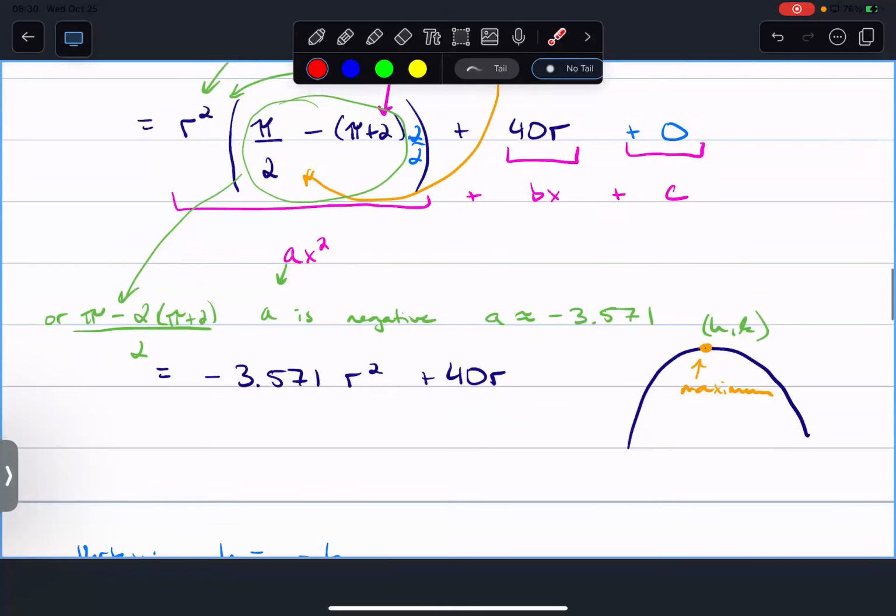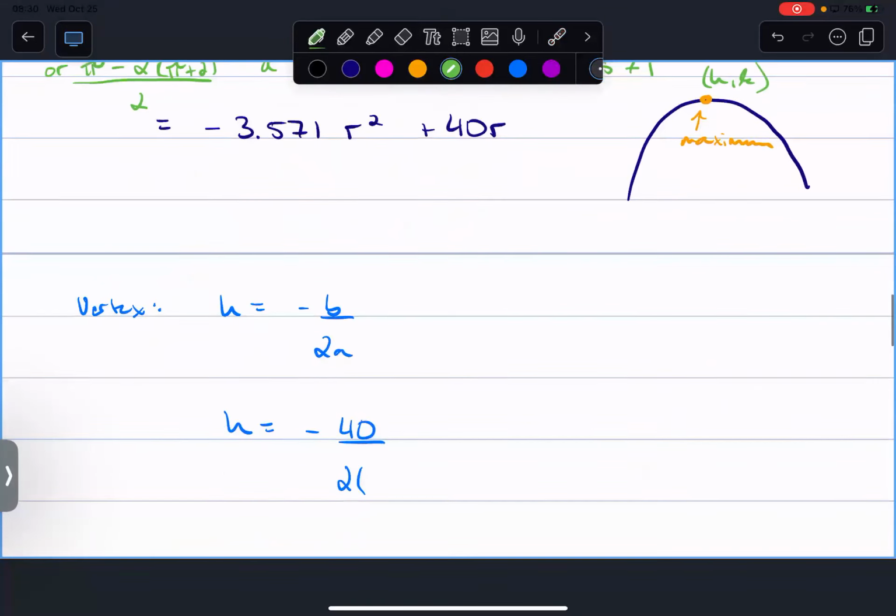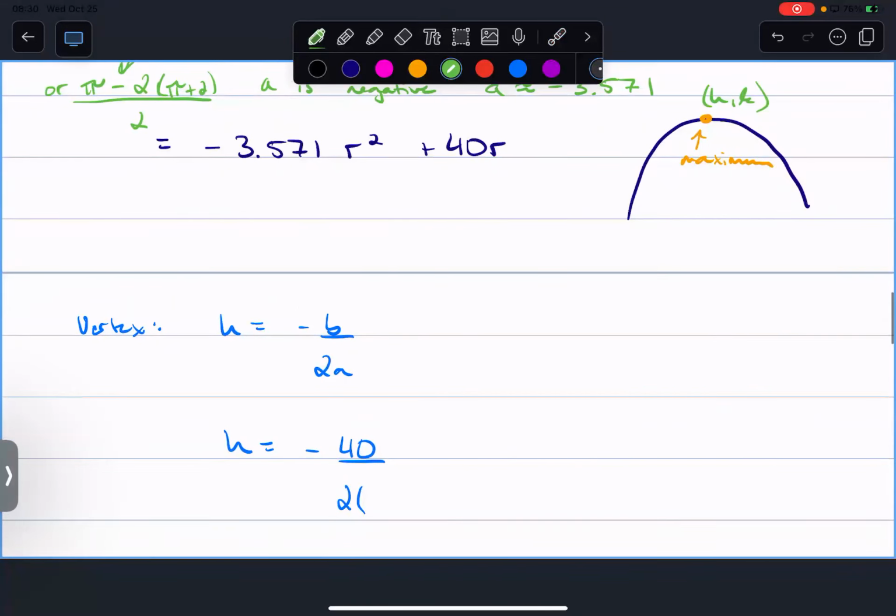And so now, let's do the approximation first. A is negative 3.571. Approximation, and I'll do the exact version.